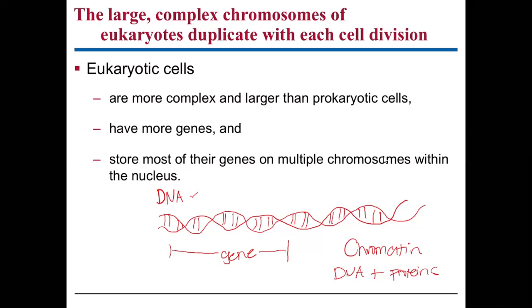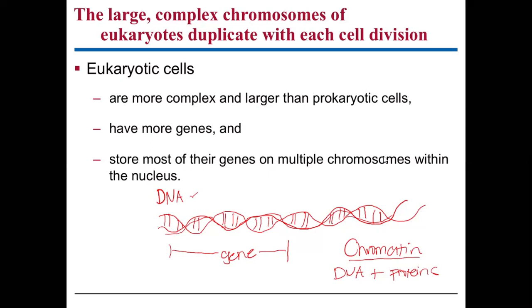So this DNA stretch would be condensed and compacted, and with the addition of some proteins, it will now be called chromatin.